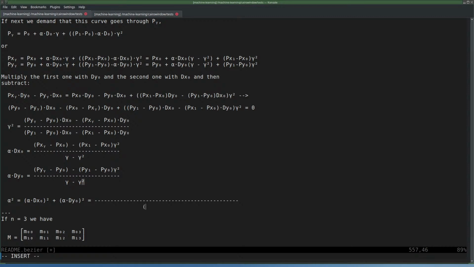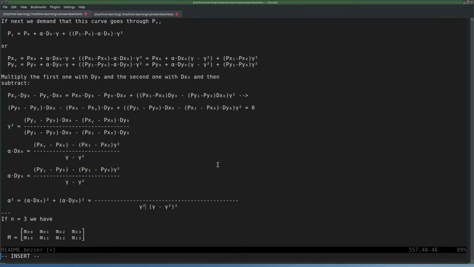Divided by that squared. And here I have... I'm going to write this differently. Why not? Let's remove gamma from it first.